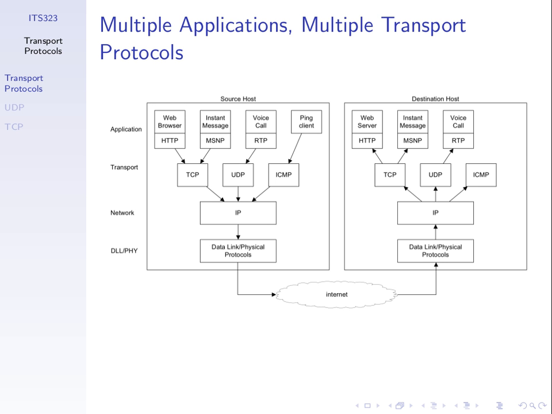And we may have multiple different applications, and a port number is used to identify which application we send our data to. Okay. If I send data to this computer, if the destination is port 80, it will go to the web server. If the destination is 1863, it will go to the instant messaging client. If it's 5001, it will go to the voice client. That is, each application will have a different port number assigned to it and used to identify which one will receive the data.